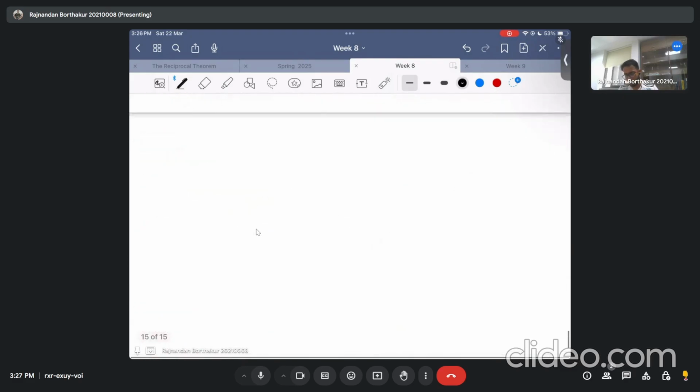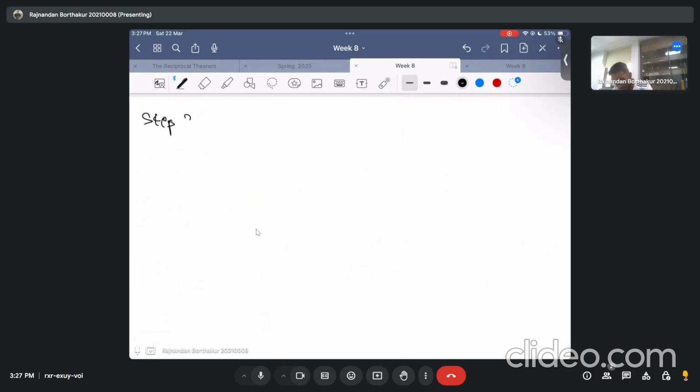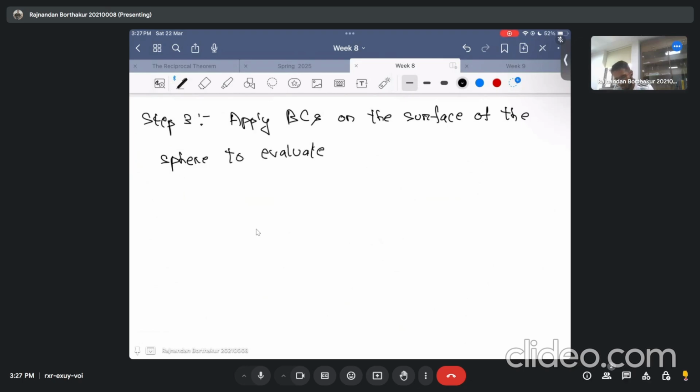So the step 3 is to apply boundary conditions on the surface of the sphere to evaluate CNs and DNs.